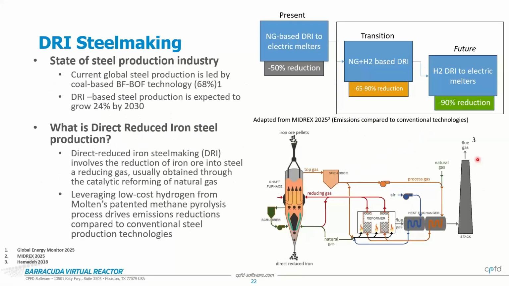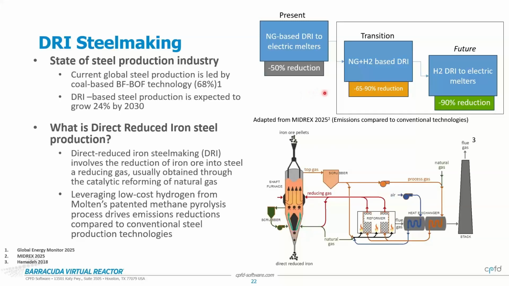And so in collaboration with Molten, we've been looking at adapting the system to operation as a hydrogen-based shaft furnace. We talked about in our base model operation of DRI with a natural gas-based process. This gives us about 50% reduction compared to conventional technology of blast furnace, basic oxygen furnace technology.